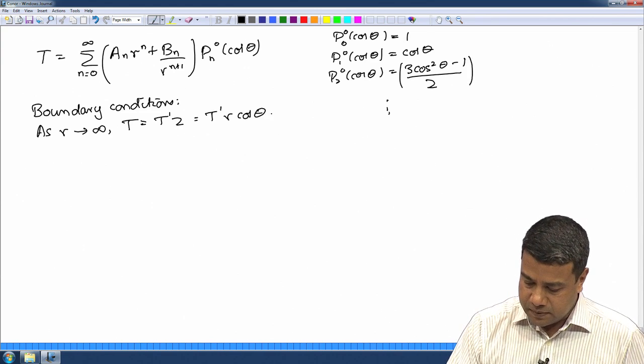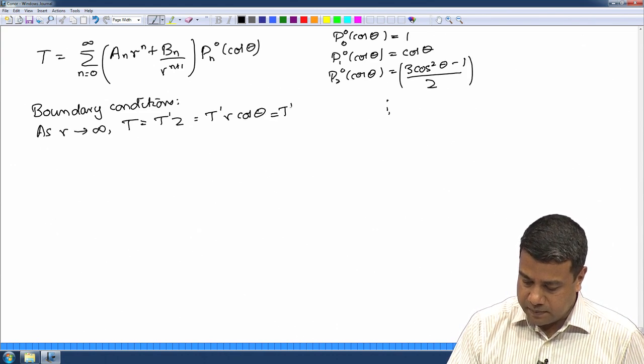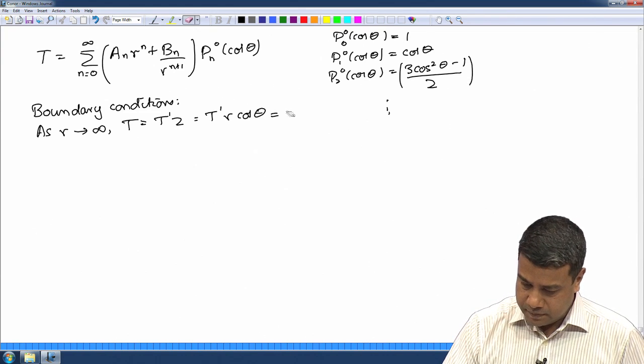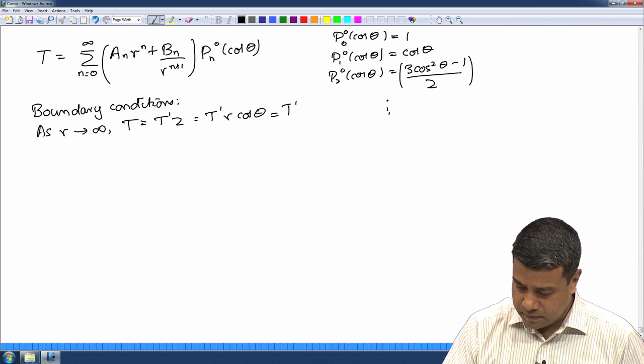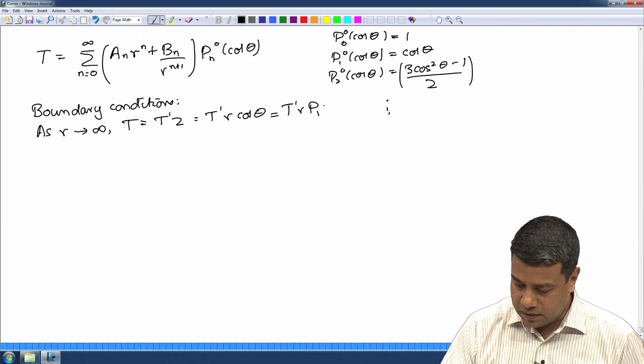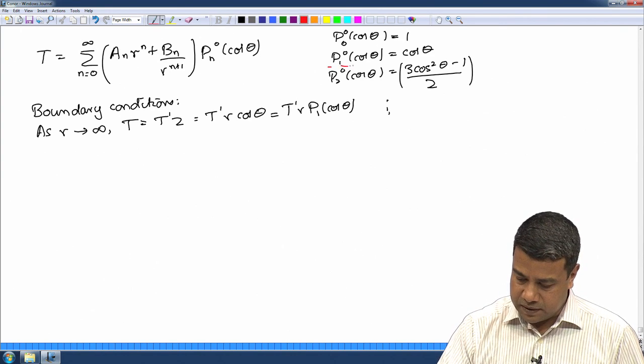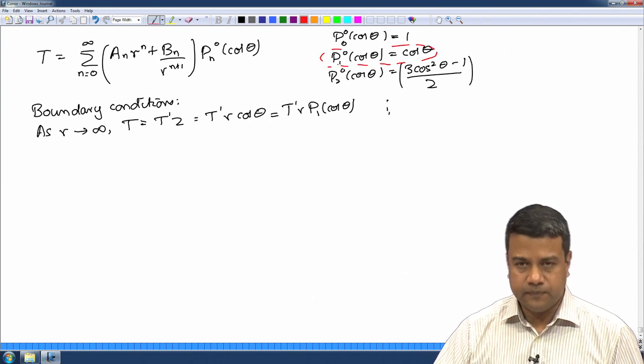So, therefore, I can write this equivalently as T prime r into P1 of cos theta, because we know that P1 of cos theta is equal to cos theta.